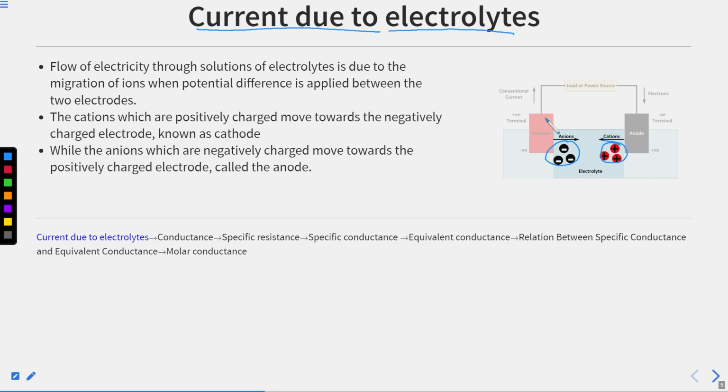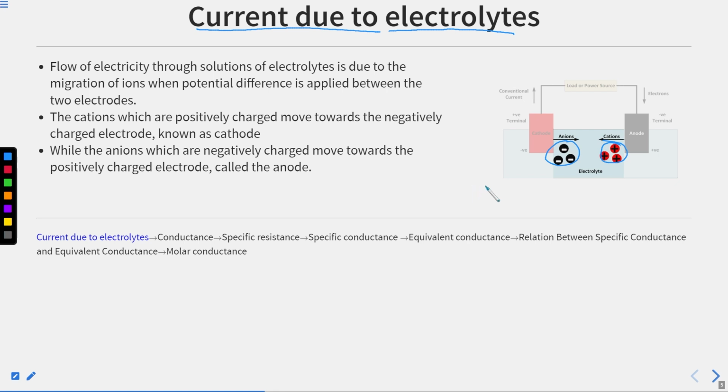If you look at this diagram, you can see we have two terminals, a cathode and an anode. The anode is the negatively charged terminal and the cathode is the positively charged terminal. We know the basic nature of charge, that opposite charges attract each other and same charges repel each other. The same thing will happen here.